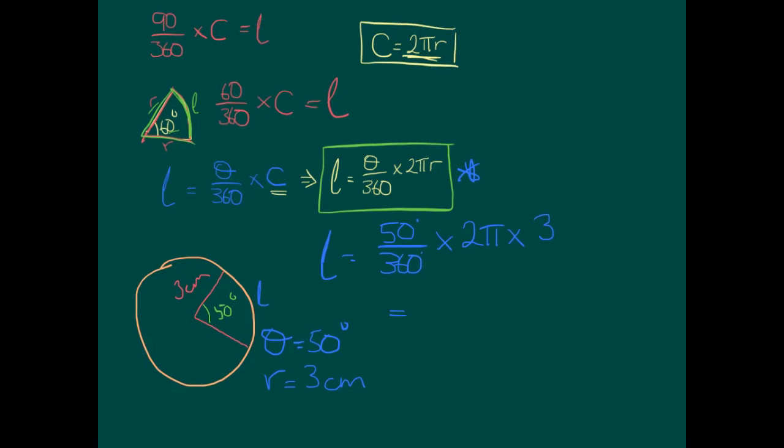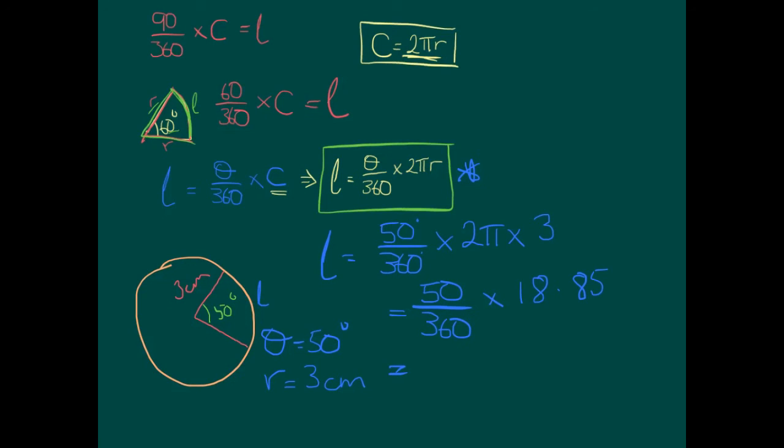We can work it out by hand, or we can simply substitute those values into the calculator. I would much prefer using a calculator in this case, so I'm going to figure that out. We've got 50 over 360 multiplied by 2 times pi times 3, which gives a value of approximately 18.85.